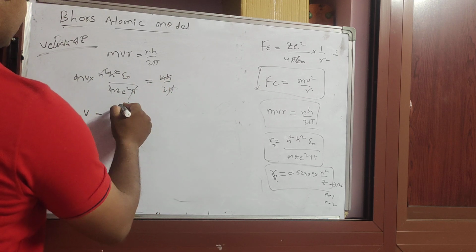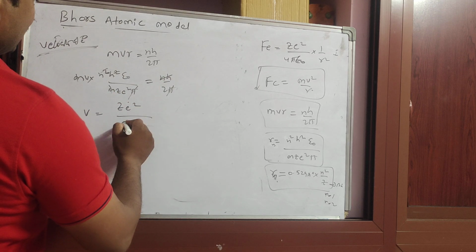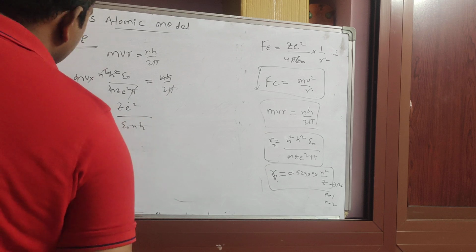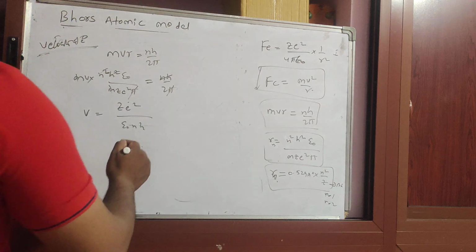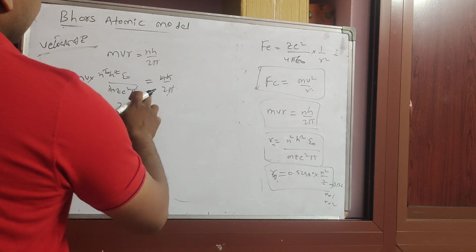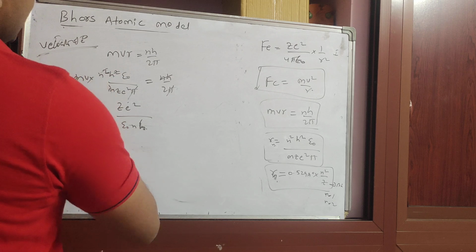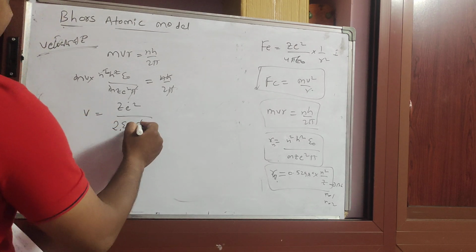Ze square by epsilon naught nh, that is the velocity of the electron. Ze square by 2 epsilon naught nh.